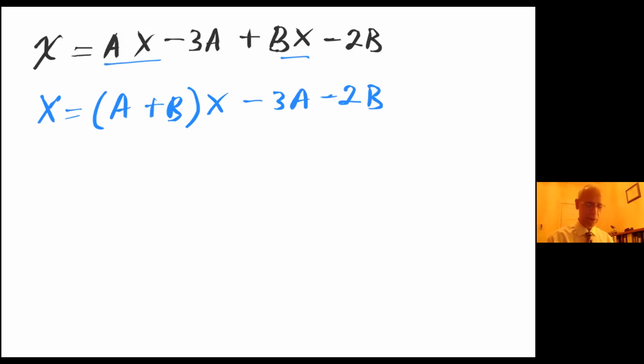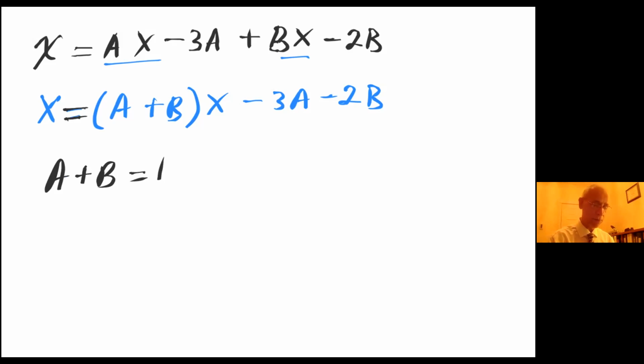All right, so you probably asked, why was this helpful? It is helpful because this equal sign right here demands that A plus B must equal 1. Why is that? Because the coefficient of x on both sides must be the same for the equal sign to hold true.